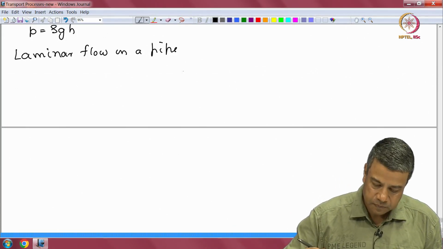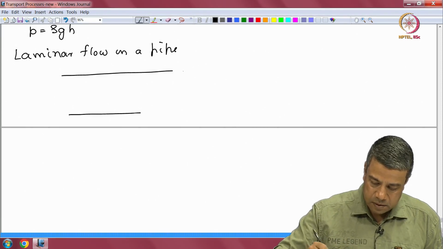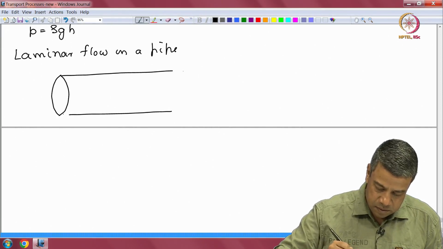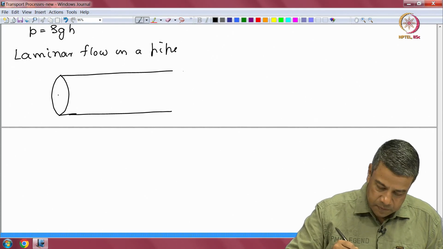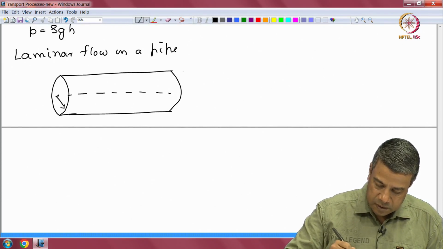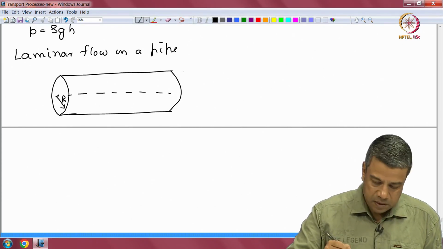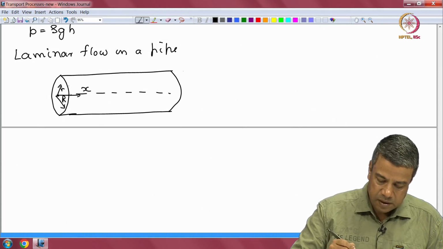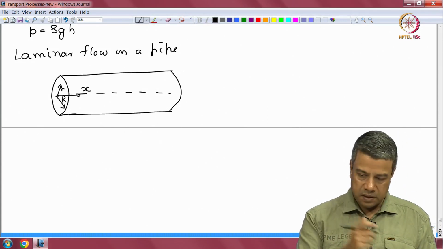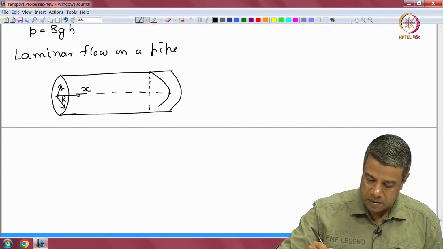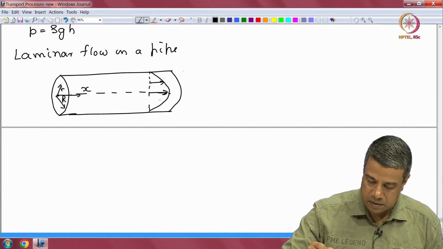Consider a pipe of radius r, with distance x along the axis, and I will use a cylindrical coordinate system where r is the distance from the center. In this case, due to the applied pressure difference across the ends of the pipe, there will be a velocity profile.